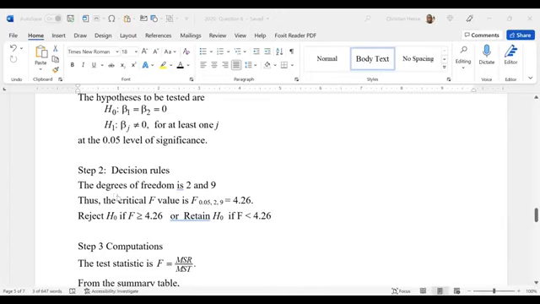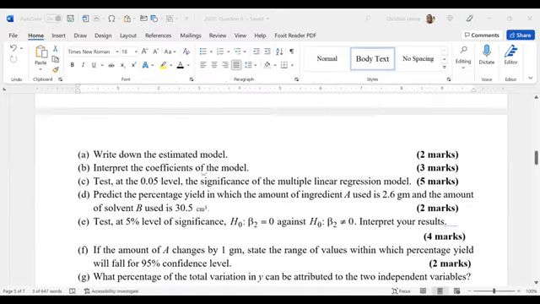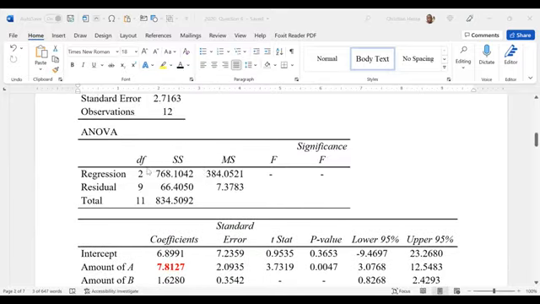What's the decision rule? We need the degrees of freedom. So what will be the degrees of freedom for the F test? You go to the summary table given, and you pick the first 2 values. Please, can you see the F table? This table is given to you in the exams.